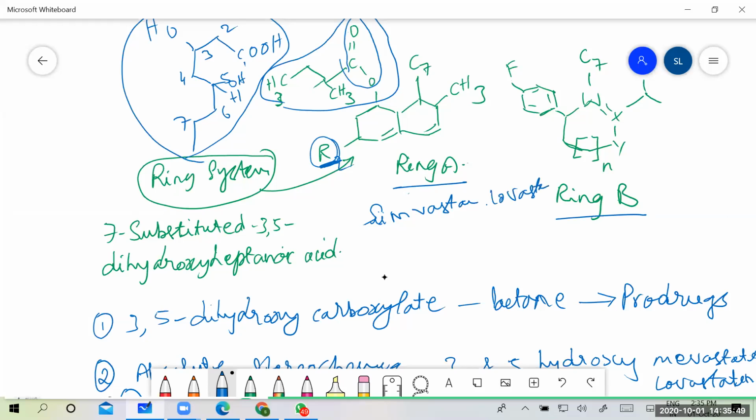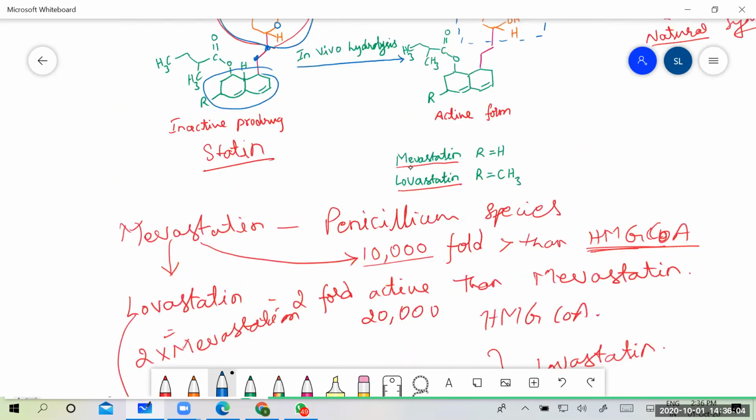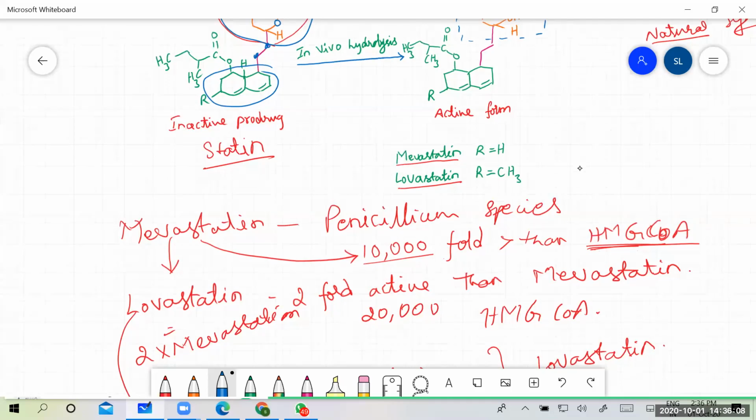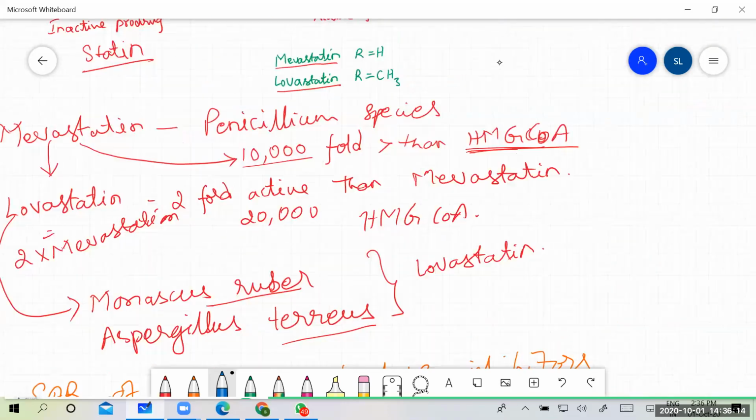Simvastatin is more potent than lovastatin because R is equal to CH3, whereas lovastatin is only H. I think we have written the structure here. So here, mevastatin and lovastatin we have written. In case of mevastatin, it was H and R is equal to CH3 in case of lovastatin.